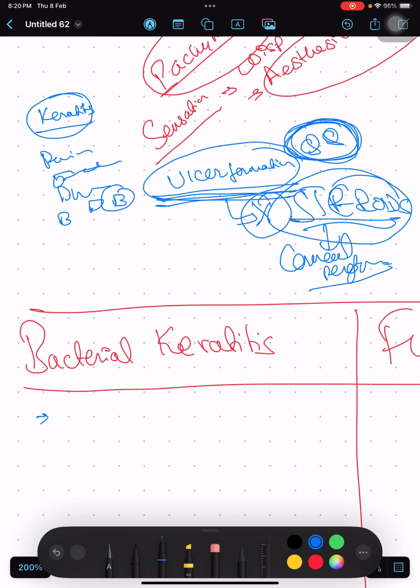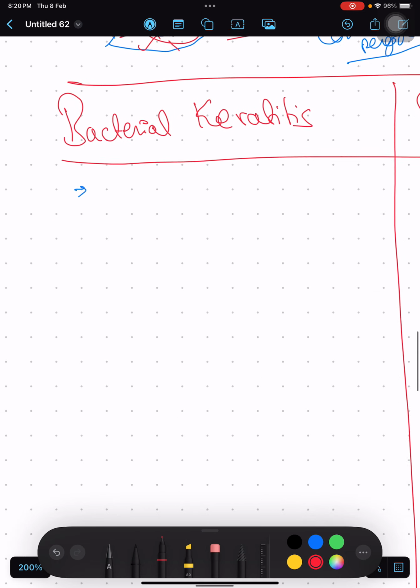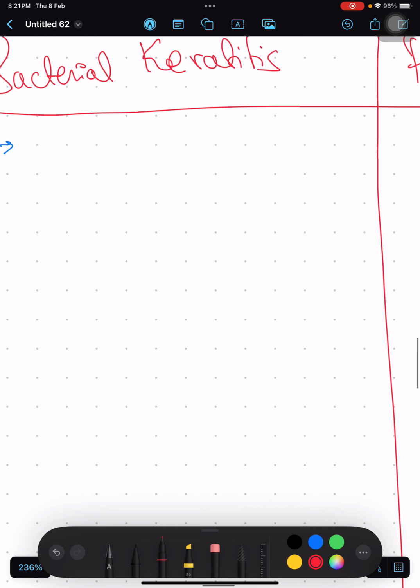Okay, so the clinical features I have already talked about, and there is something which is known as a pannus formation. So if this is your eye, then what you have is neovascularization around, which is termed as pannus. Okay, so the most common bacteria causing keratitis is Staph aureus. In India, it is Staph epidermidis.